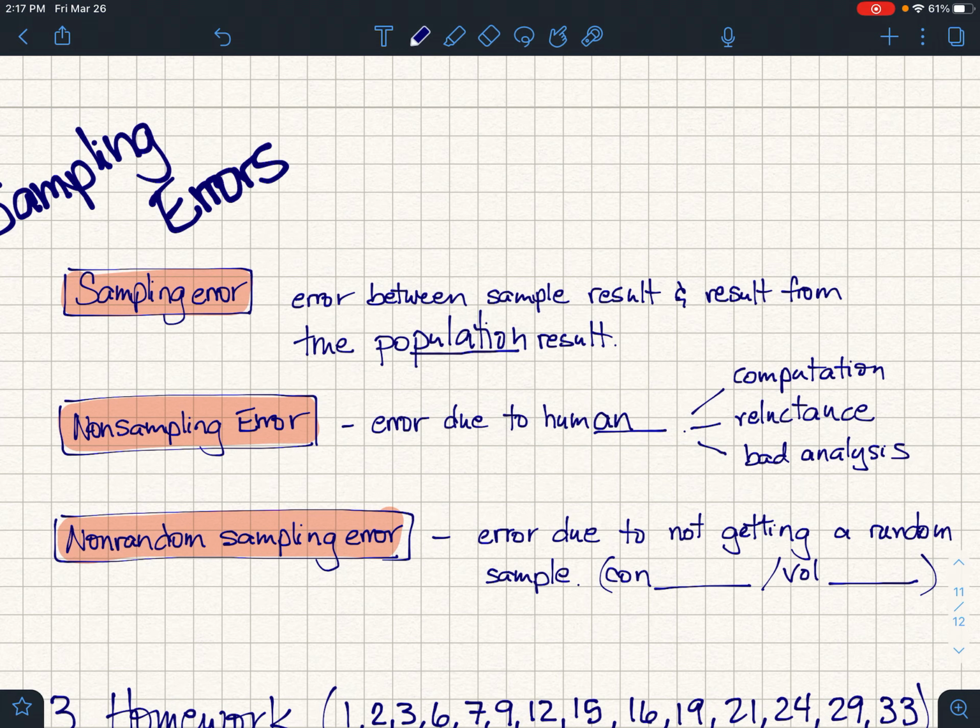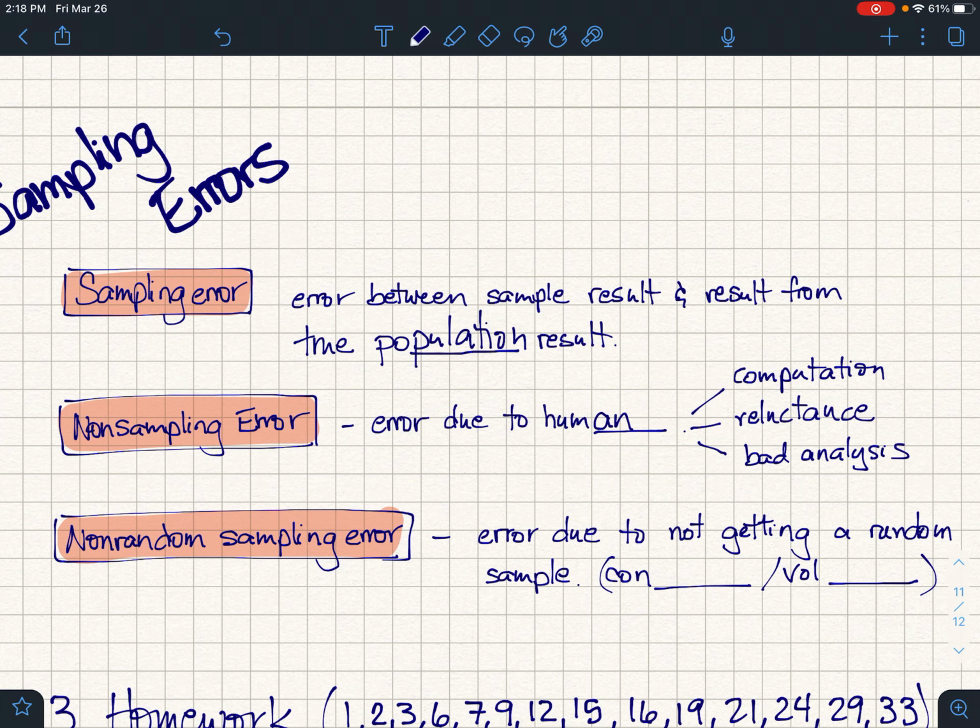And then finally, another one would be bad analysis. That would be a case where somebody does a poor analysis of the population, right? And then therefore they've got errors with how they gather their data. All right?